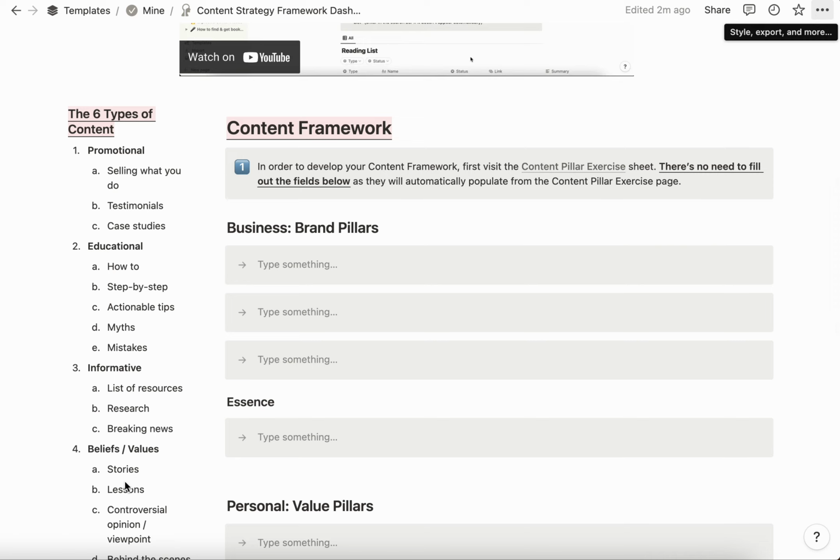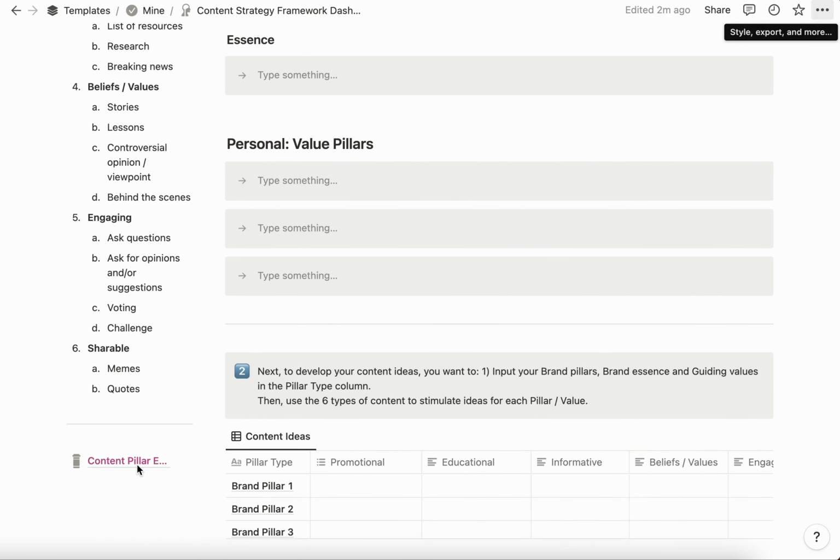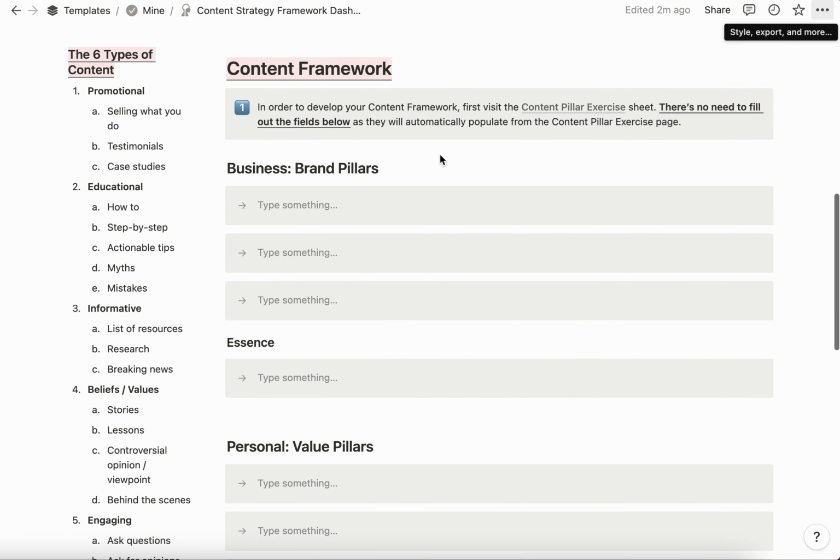Now, the other thing that we're looking at, in addition to the 6 types of content, is who we are as a business and who we are as a person or business owner. And that's where the work that we did with our content pillar exercise comes into play. I mentioned when you watch that video that there are some red fields that are mapped to this page.